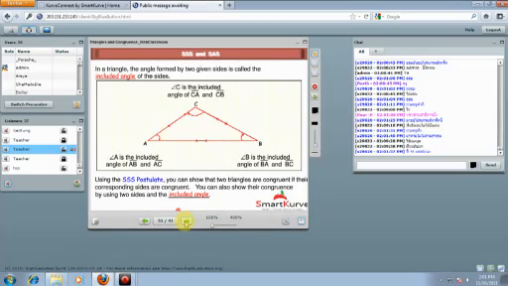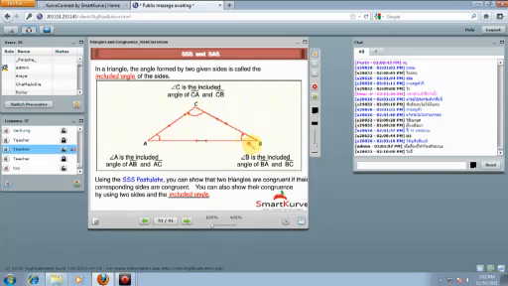Questions? No? I will continue. In a triangle, the angle formed by two given sides is called the included angle. So angle C is the included angle of side CA and side CB. The two lines are on either side of this angle. So angle C is the included angle.